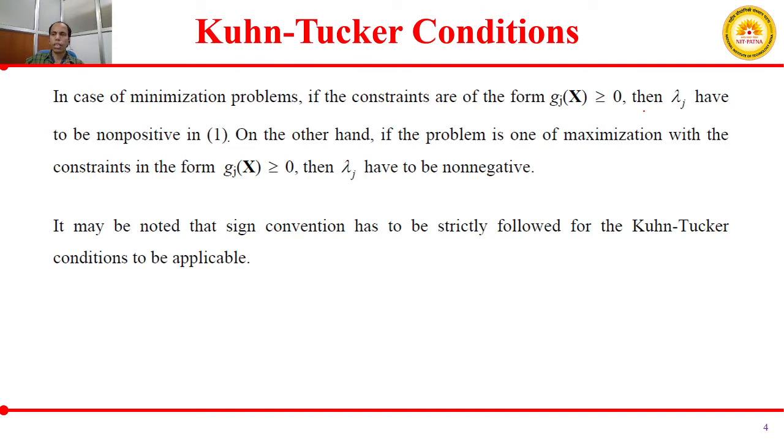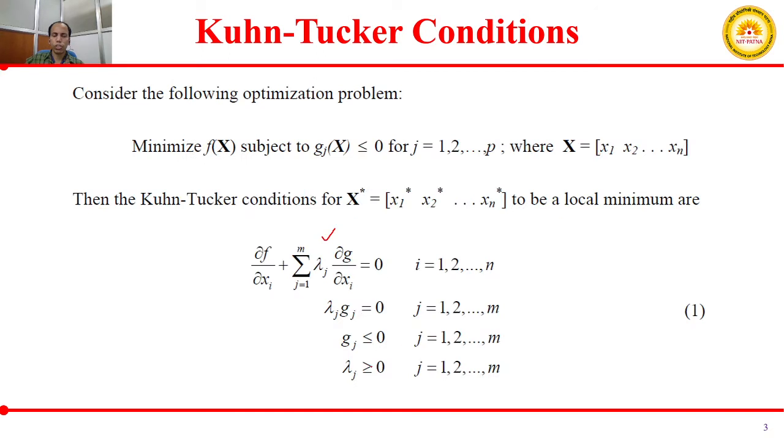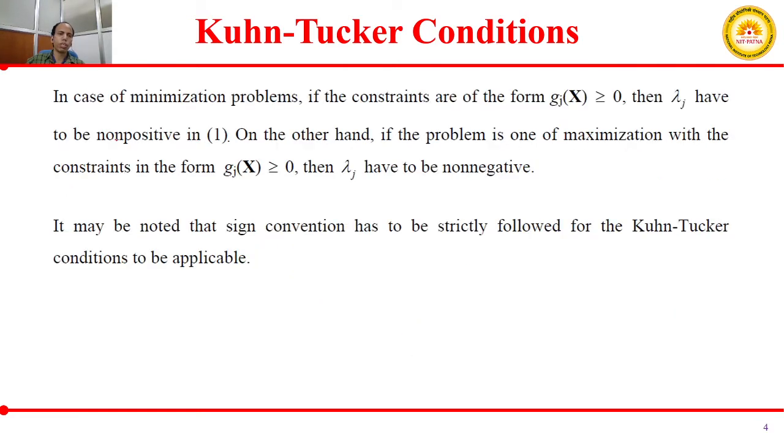I think it is an error at this slide. Because obviously when this gj is less than equal to 0, your value of lambda j is greater than equal to 0. So obviously this value should be positive. Okay, so this is a typo error.